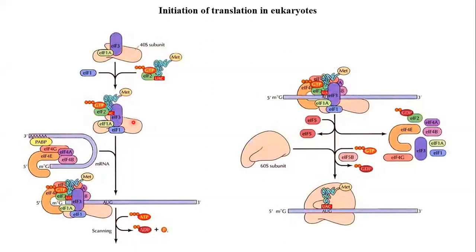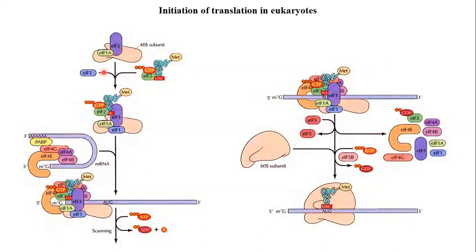So you can see many initiation factors are required for initiation in eukaryotes. And both the 5 prime cap as well as the 3 prime poly A tail help in initiation. I told you in the function of these two, their significance, that they help in initiation of translation. So here is their role.